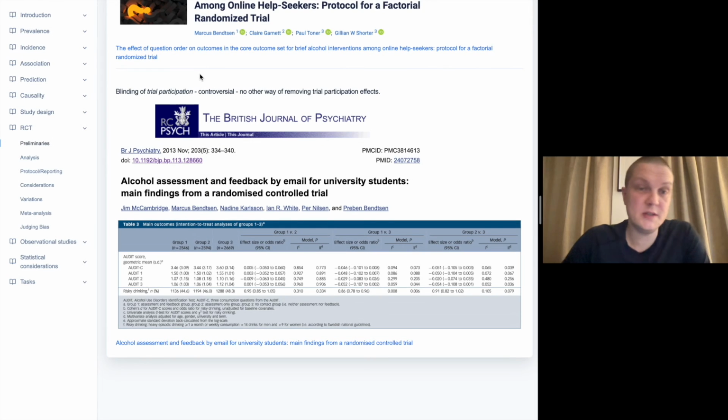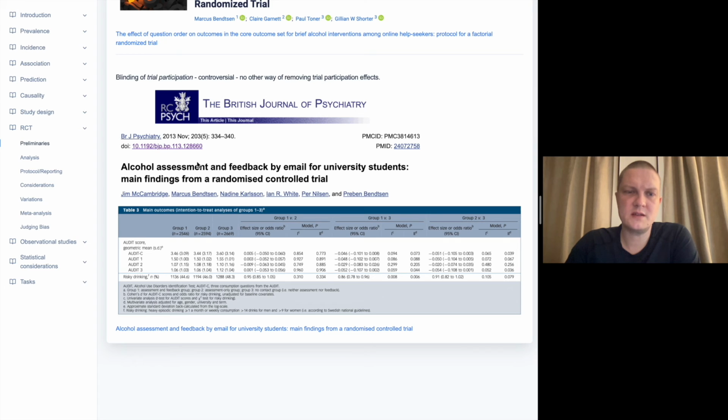Another type of deception is to not tell participants at all that they're part of a trial. It's obviously controversial and should be used sparingly. But a few years back, we did a study like that. This was an attempt to estimate effects of a brief alcohol intervention, which consists of just assessment and feedback, which we believe to be able to get as close as possible to the true effects of such an intervention in a big population.